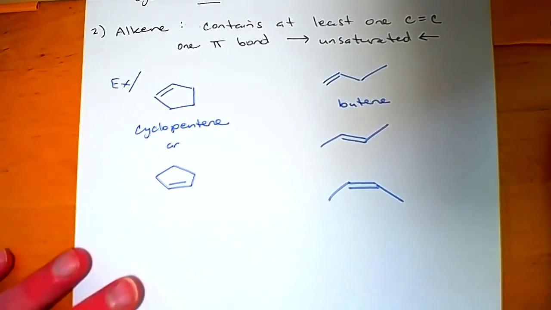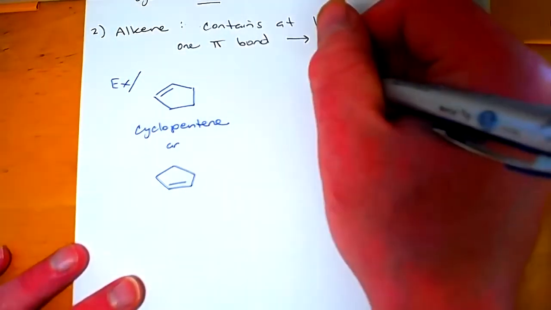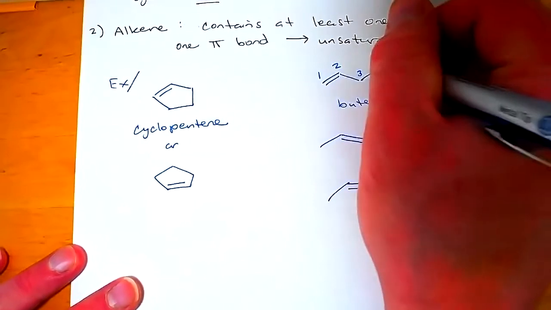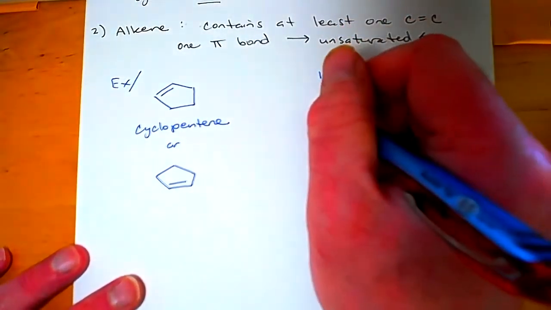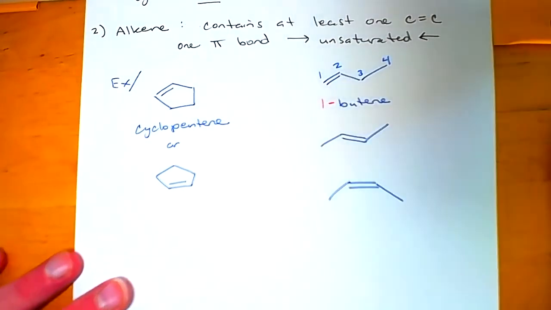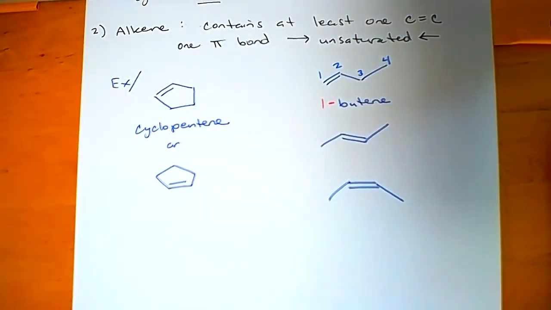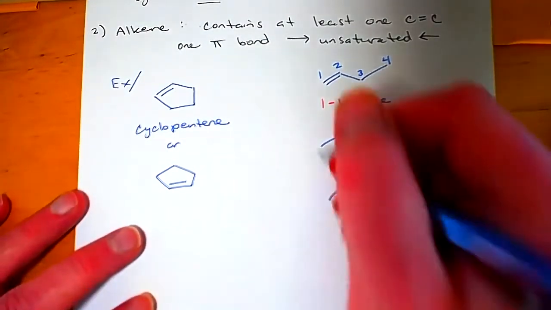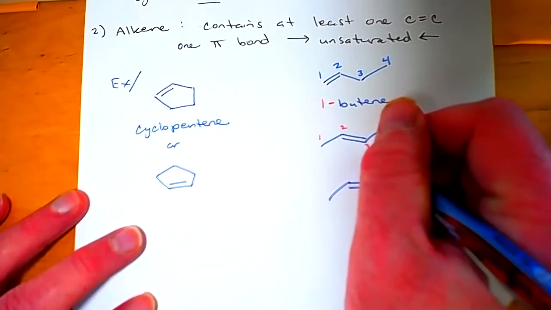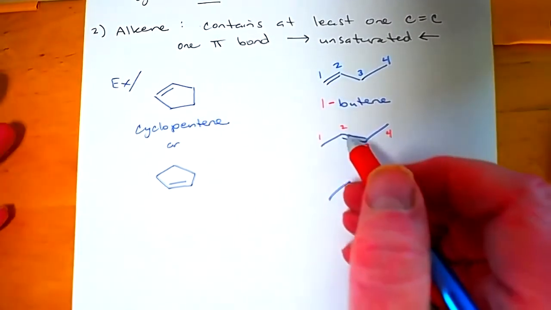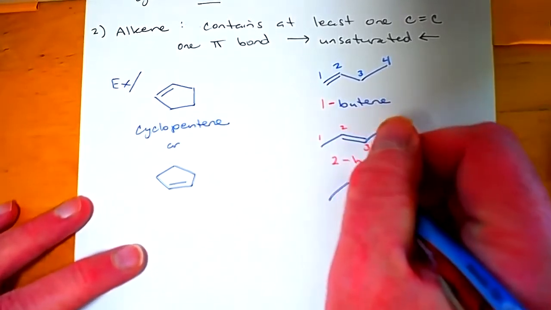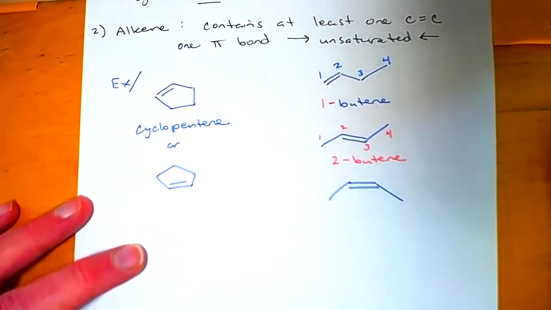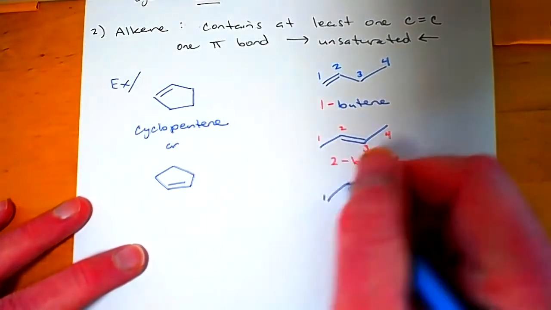Well, the first thing to point out here is that stuff about the numbering. If I were to number this, I could say the double bond here starts at number 1, and we could call this a 1-butene. But sometimes it's not that simple. So, for instance, down here, I could do this and go, always go with the lower number. So I could say this is a 2-butene. But the problem is, so is this one.